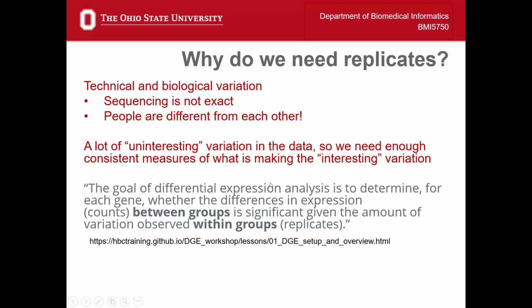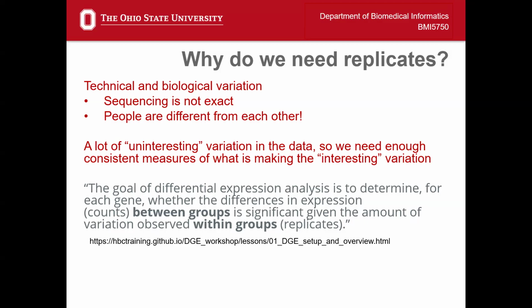Sometimes we also might have technical replicates. A technical replicate is checking the sequencing technology. So we take one sample and we sequence it twice, the exact same underlying sample, but sequenced maybe twice on the same machine or on two different machines.